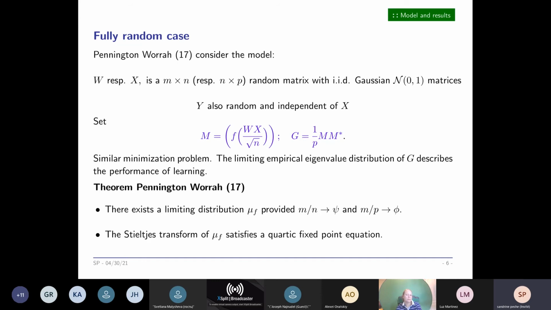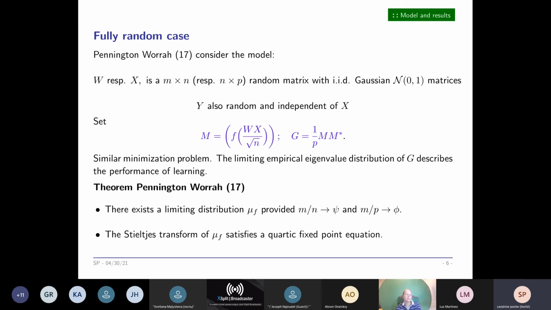It is assumed in the model to be a Gaussian random matrix with i.i.d. entries. But they also assume that the input data and the target data are Gaussian random variables with independent entries also.